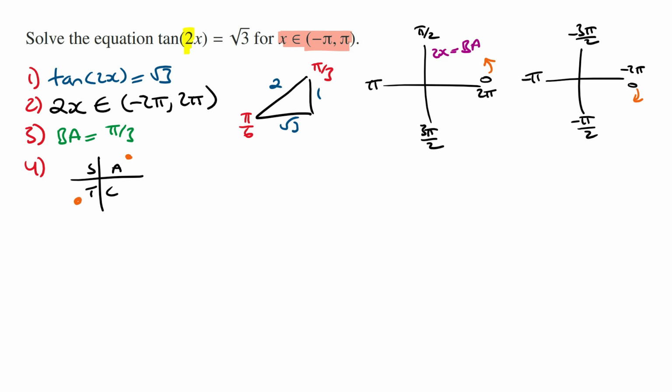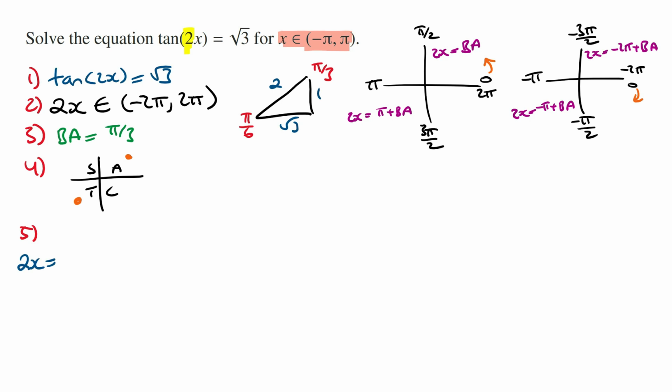In the third quadrant, the angle 2x is going to equal pi plus the base angle. Going in the negative direction, in the third quadrant, the angle 2x is going to equal minus pi plus the base angle, and in the first quadrant, the angle 2x is going to equal minus 2 pi plus the base angle.